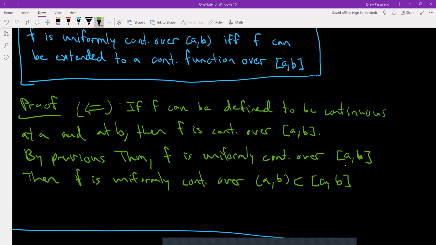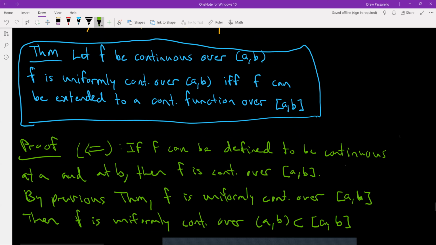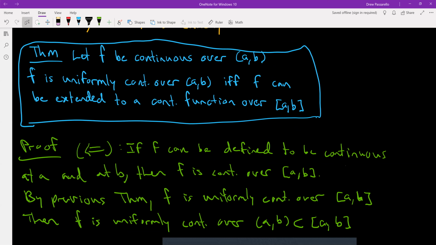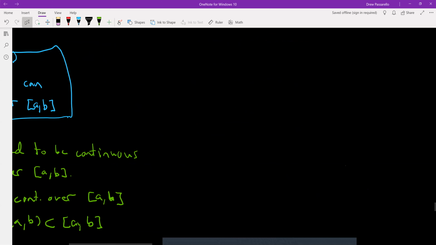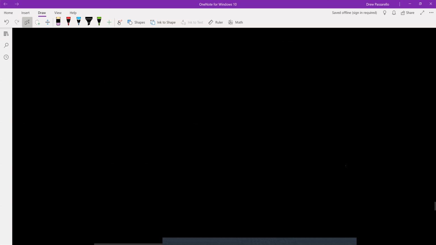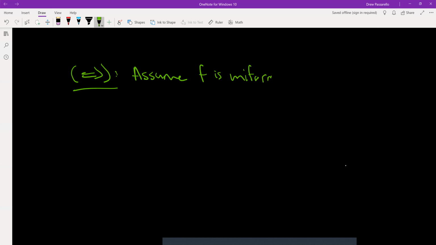It's the other direction that's going to take a good bit of thinking, I guess. So the other direction I'll do over here. So we're going to assume f is uniformly continuous over the open interval (a, b).